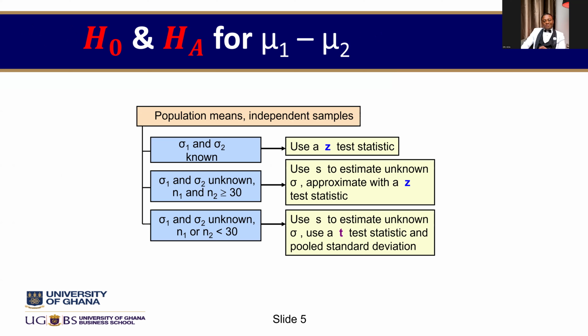And that a Z is used when the population standard deviation is known. But you can even have a situation where the population standard deviation is not known, but the sample size is big. So you can use the sample mean to approximate the population mean, because the population mean is unknown.